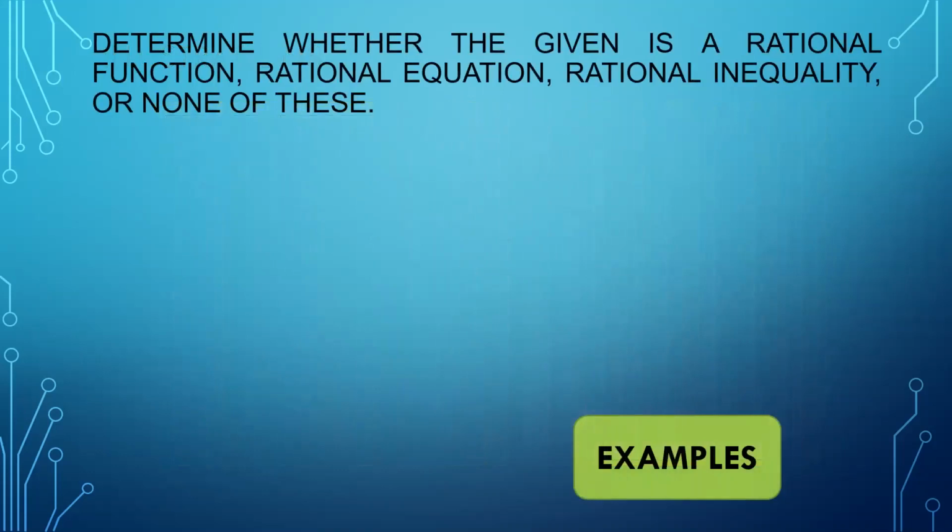So here we have examples of rational functions, rational equations, and rational inequalities. The given instruction is: determine whether the given is a rational function, rational equation, rational inequality, or none of these. Number 1: y is equal to 5x cubed minus 2x plus 1.